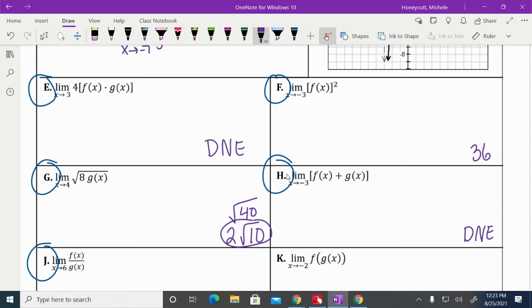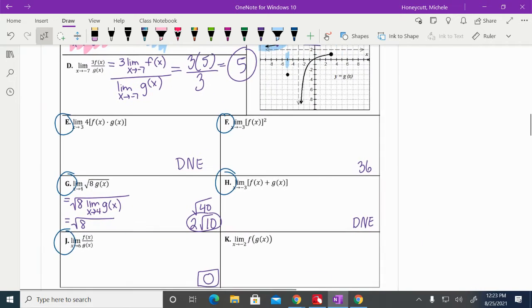And then with the coefficient rule, I'm going to multiply the limit as x approaches 4 of g of x times 8. So if I write it out, this is equal to the square root of 8 times the limit as x approaches 4 of g of x. So then I'm taking the square root of 8, and then I'll go to g to find the limit.